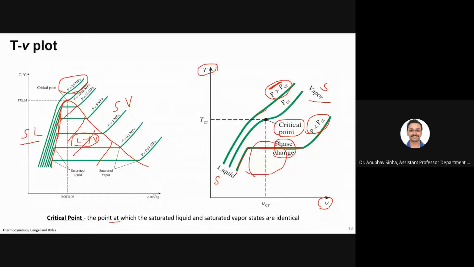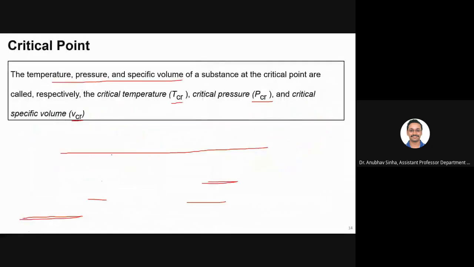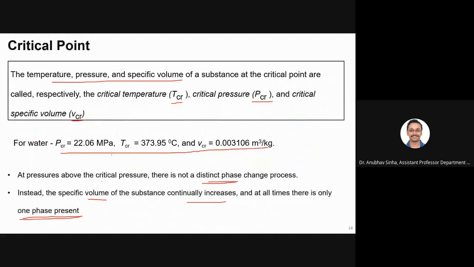Not for this course; we'll limit ourselves to within this vapor dome. Is it fine? Any questions? Or should I move forward?